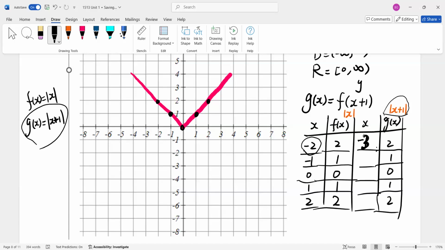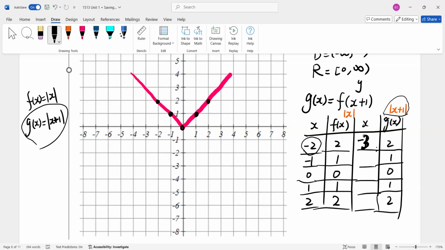Because the input here, in the absolute value, we have x plus 1. So it means in order to reach the same y value, x does not need to be -2. -3 would be enough, because -3 plus 1 is -2, and the absolute value of -2 is 2.